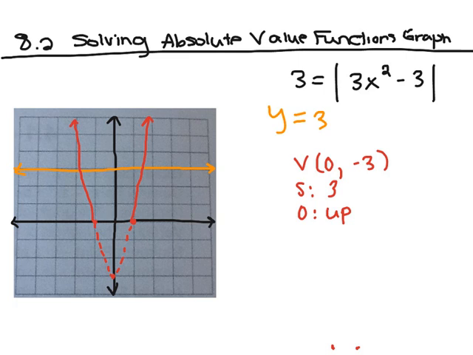And when we invert, the absolute value of the vertex will be at 0 and 3. So right here are our points. They cross here, here, and in the middle.